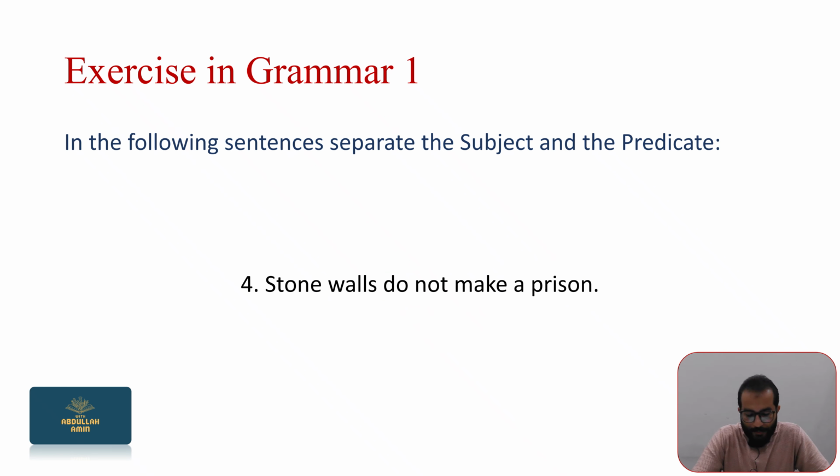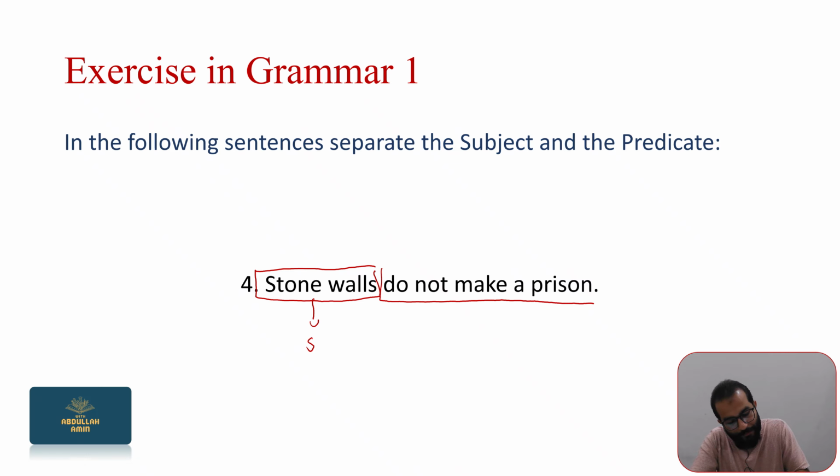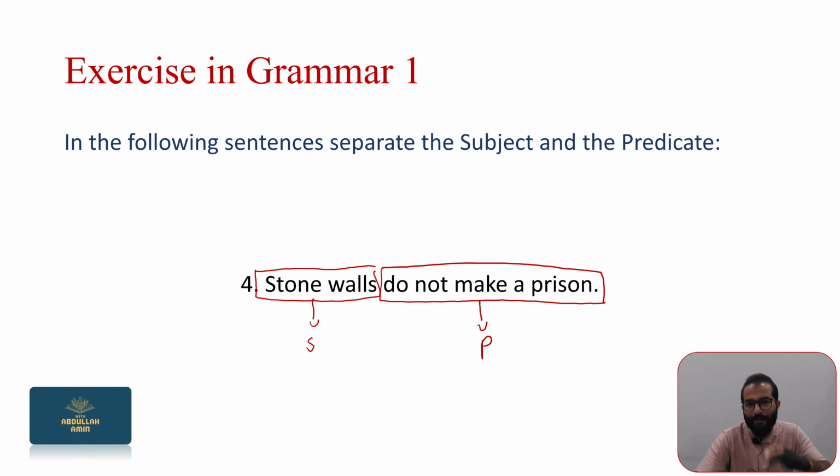Okay, then we have the fourth example, which says: stone walls do not make a prison. So over here again, the first two words, stone walls, this is the subject, do not make a prison, it is the predicate in this example. So I'm not going to apply on every example. I hope you are understanding it. If you do not get any example, please let me know in the comment section.